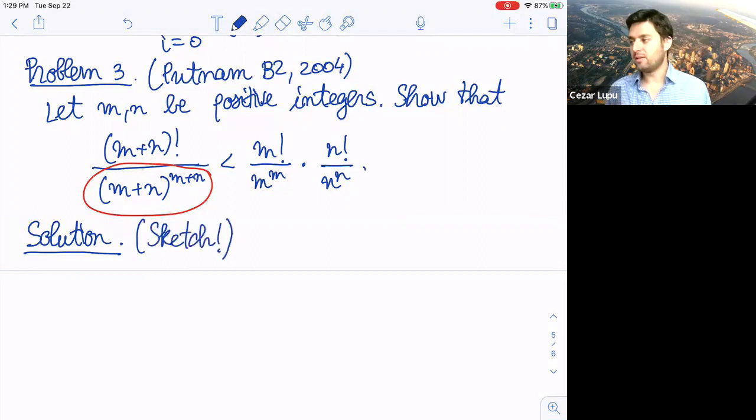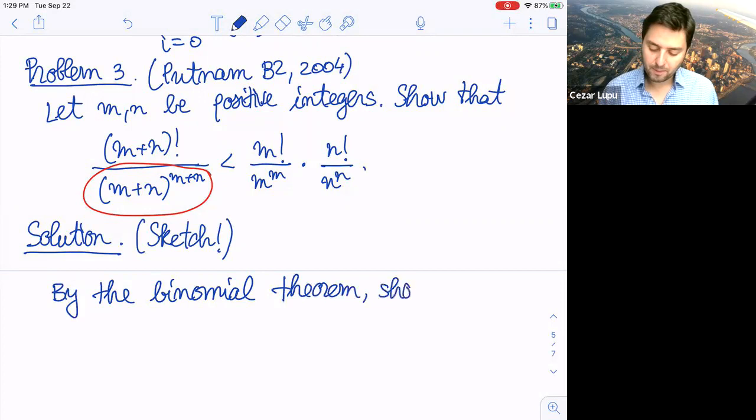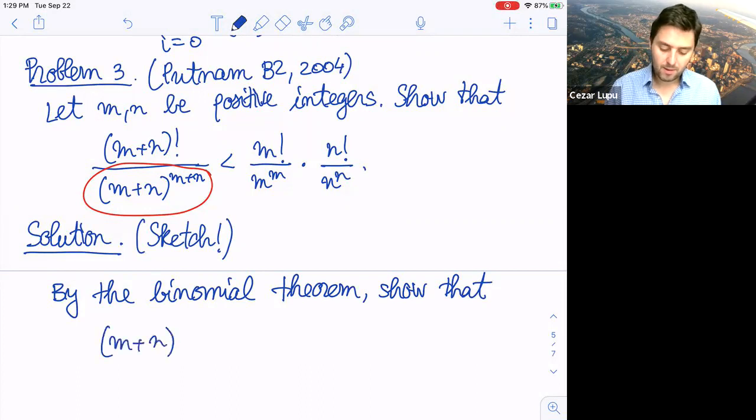So the only thing you need to do is, by the binomial theorem, show that m plus n, and you raise everything to the power m plus n. So you expand over m plus n in the binomial theorem.